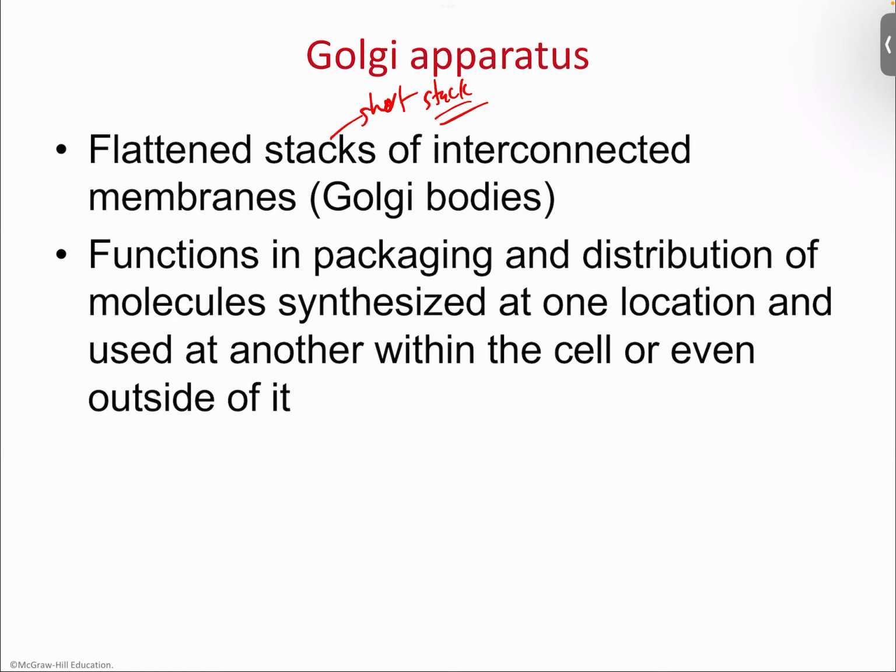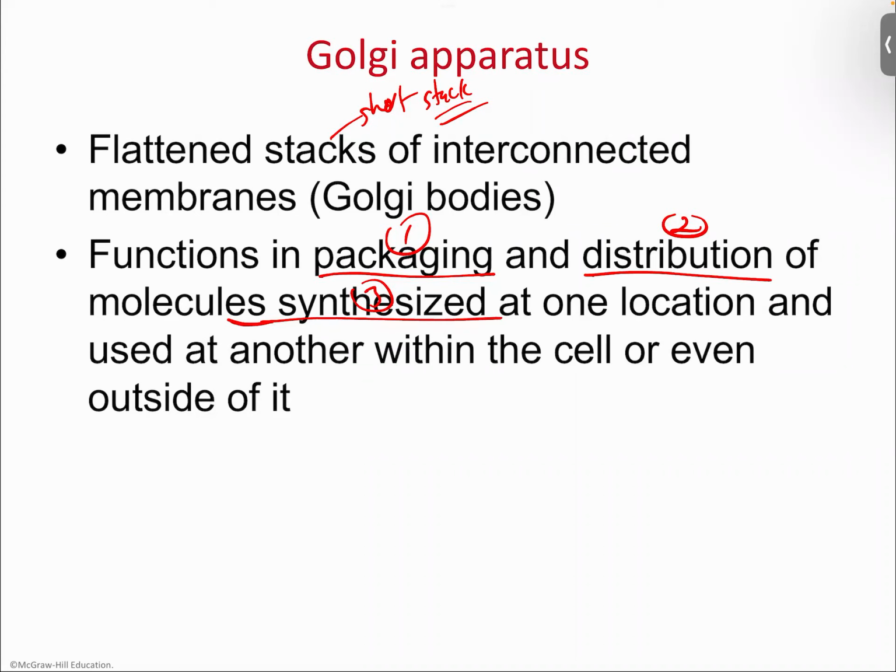So what is the Golgi's job? Well, number one is, it will pack, distribute, and modify or synthesize molecules. That's what it does. So crude protein basically means that this protein is lacking ornamentation.